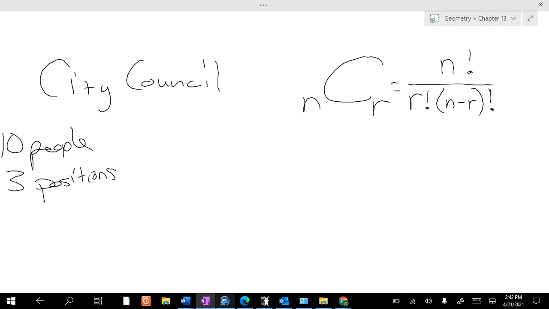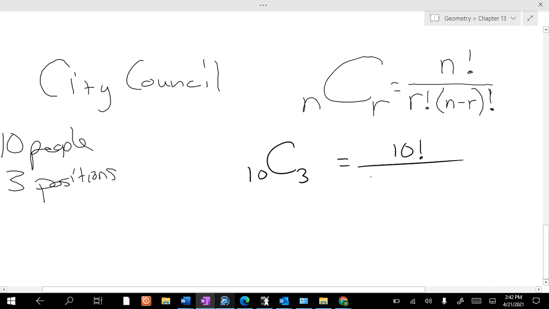So we're going to do 10C3 for combination. What's a combination? Well, it's the first number factorial over the last number factorial times the first number minus last number factorial. So it's 10 factorial over 3 factorial, 7 factorial.